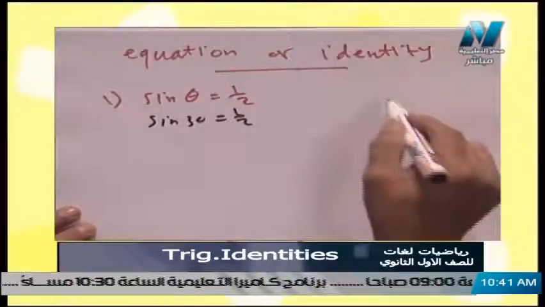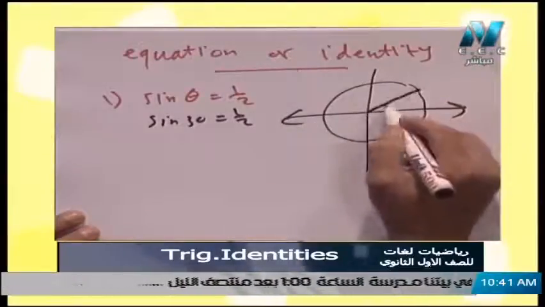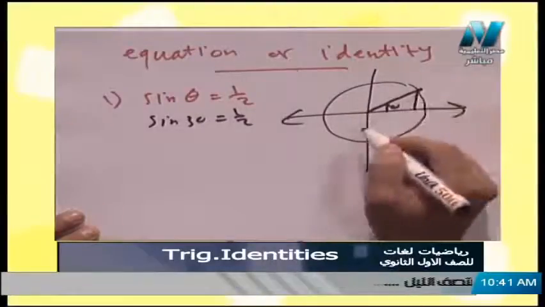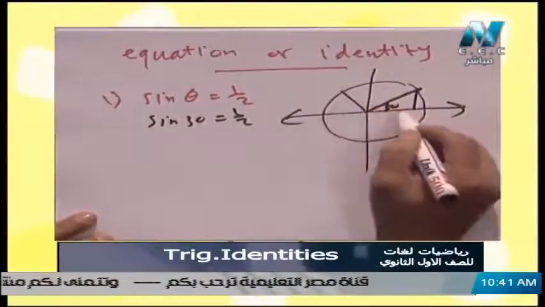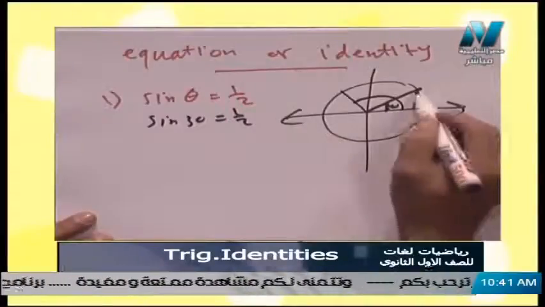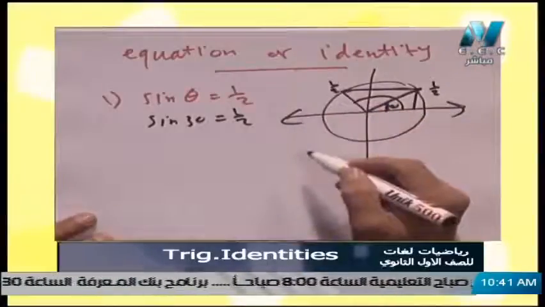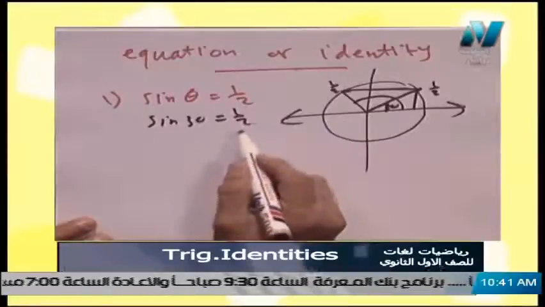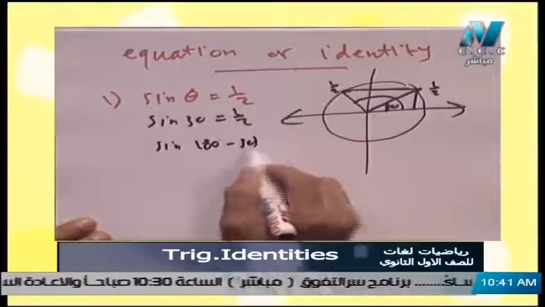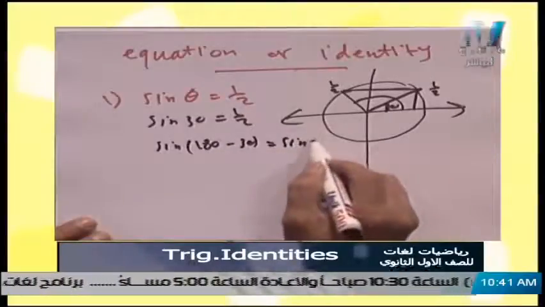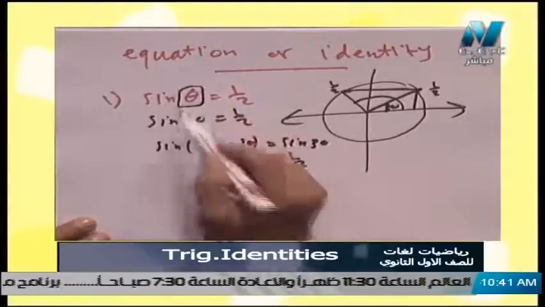If we have the unit circle as we studied before, we have 30 degrees here, and this is the point, and we have 150, which gives the same half. So sine 30 equals half, and sine of 180 minus 30 also equals half, but not for all theta.